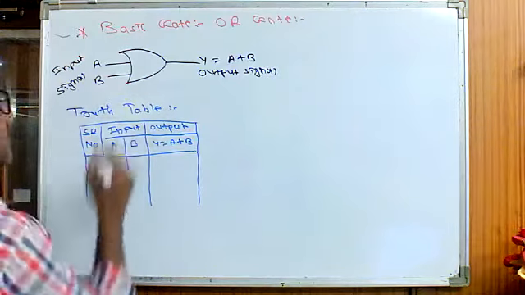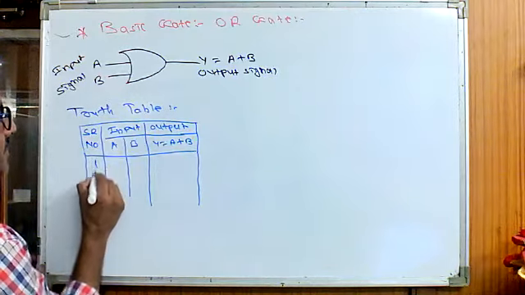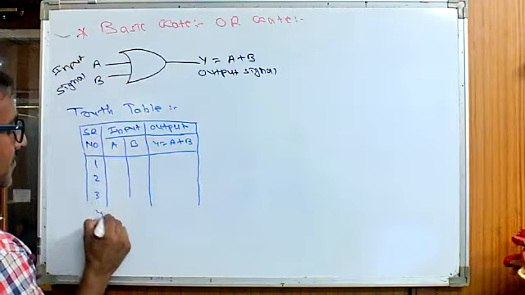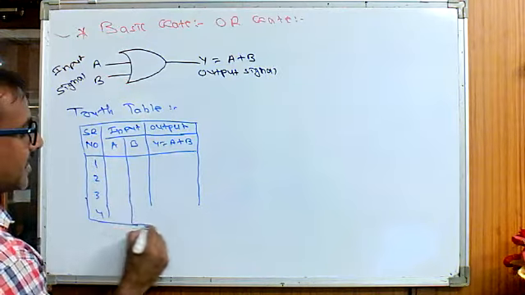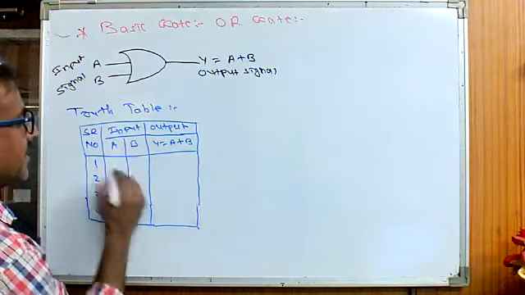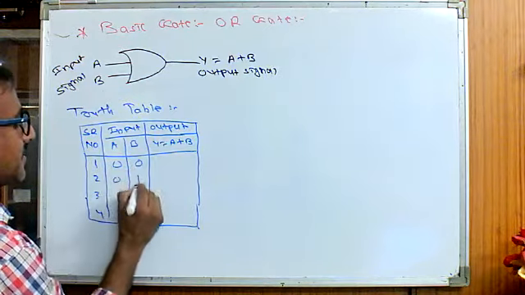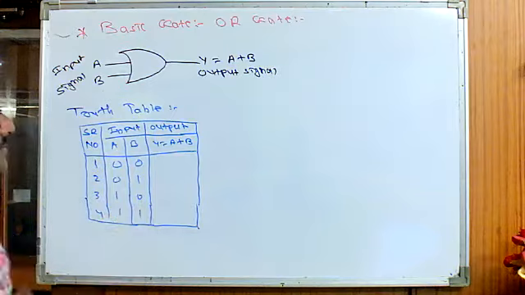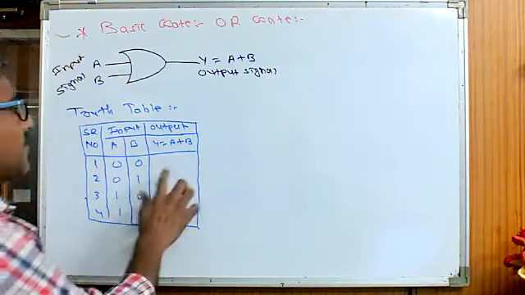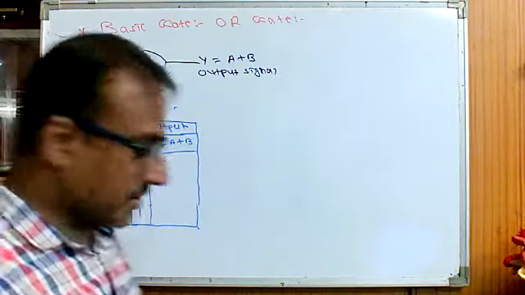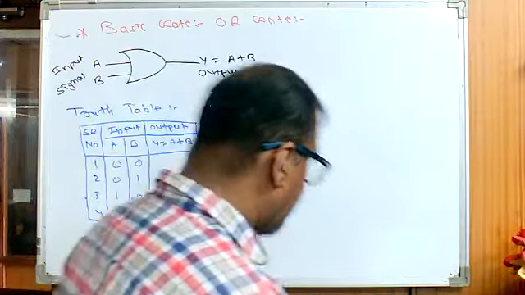The two inputs give four conditions, 1, 2, 3 and 4, like this: 0 0, 0 1, 1 0 and 1 1. So what is the output of the OR gate? Let me explain the output.